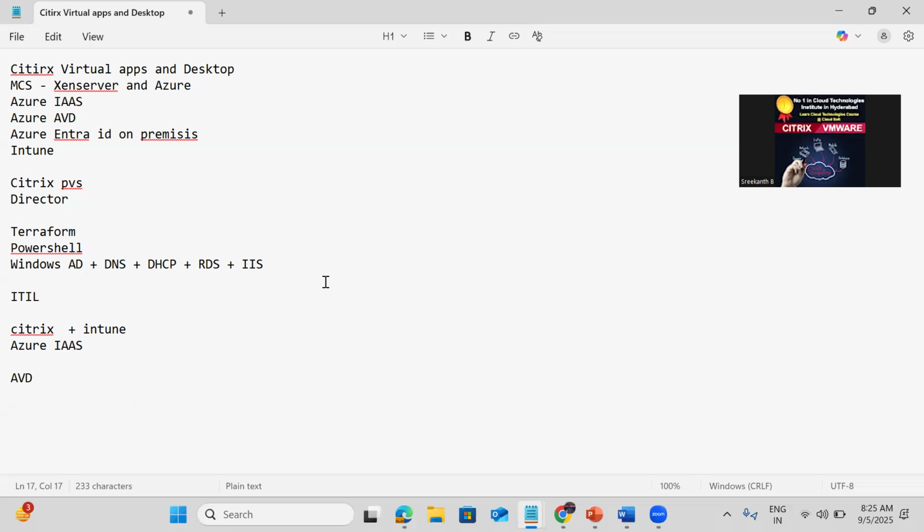Windows is also required, Windows AD wise. There would be some questions from the Windows side. Then we have Windows components like DNS and DHCP. These components are also required.